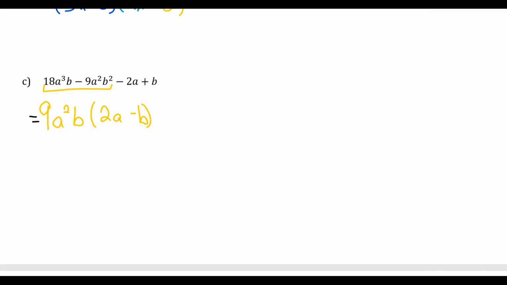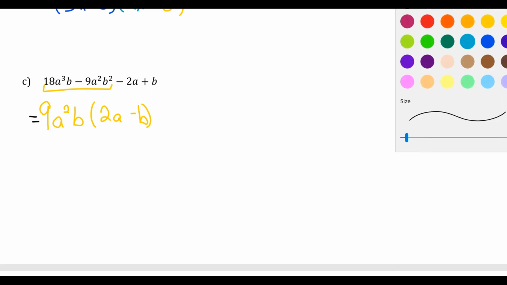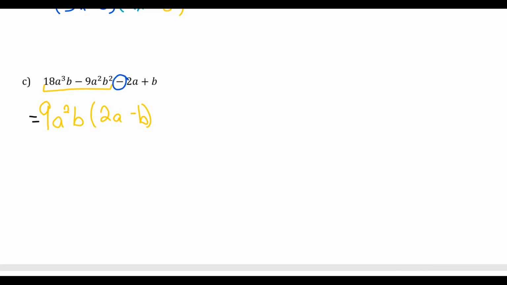And on all of these, it's very nice because you can multiply these back together to see if you get what you started with. Okay, notice my sign here. It's a negative, so I've got to take out a negative. Now, between 2a plus b, there's not a number that goes into both coefficients, and they don't have the same variable.